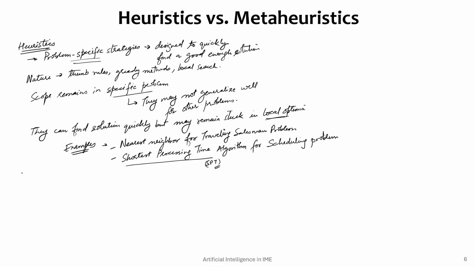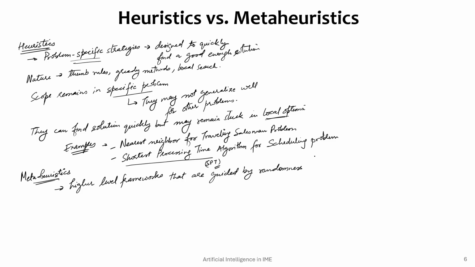Now let us talk about meta heuristics. So these are higher level frameworks that are guided by randomness and adaptation.